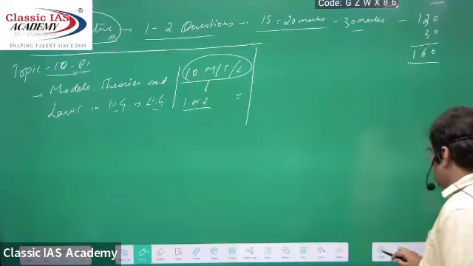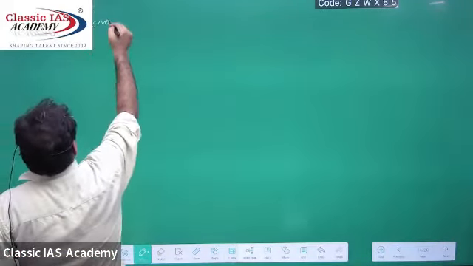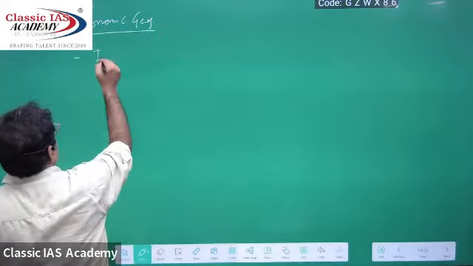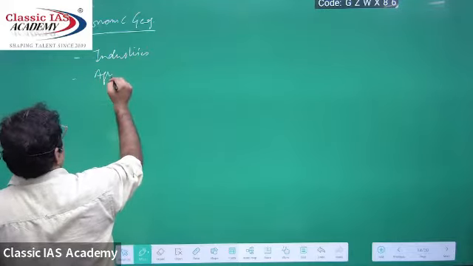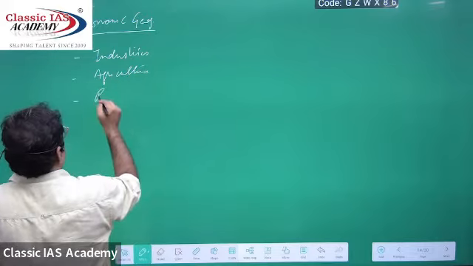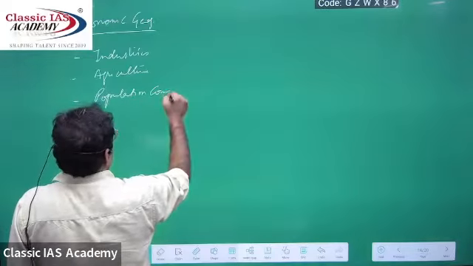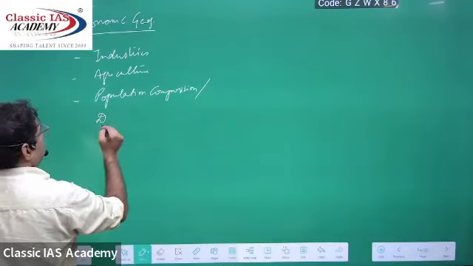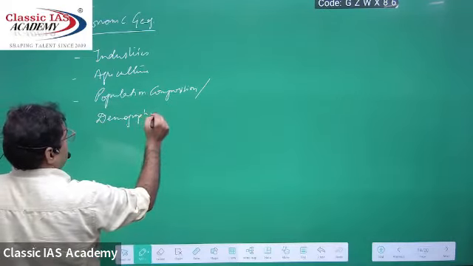Next, we come to economic geography. In economic geography, there are industries, agriculture, and population composition, or we also call it demographic structure or population geography, with demographic parameters.